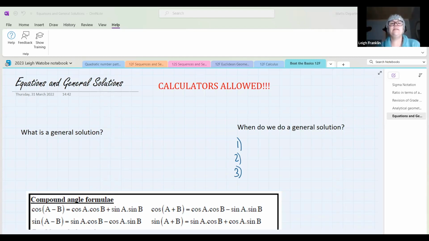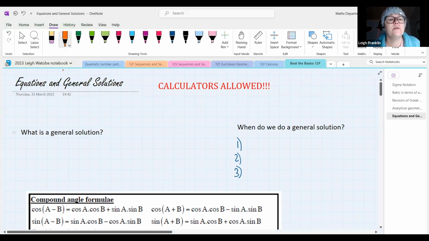Okay, so Nhlanhla says to find a reference angle. Okay, that's part of it, Nhlanhla. That's part of a general solution. We should actually put these things down and just see. So part of it is to find a reference angle.